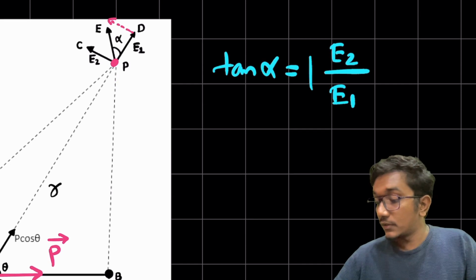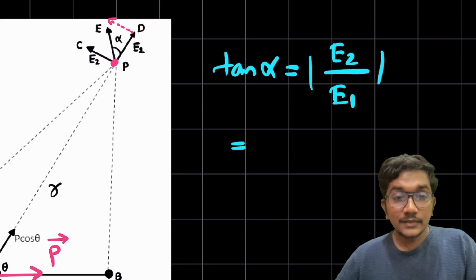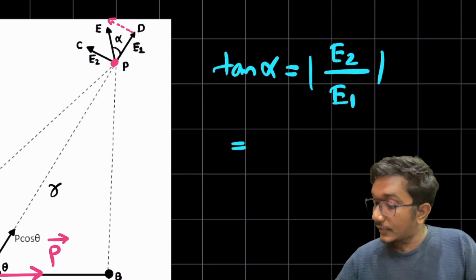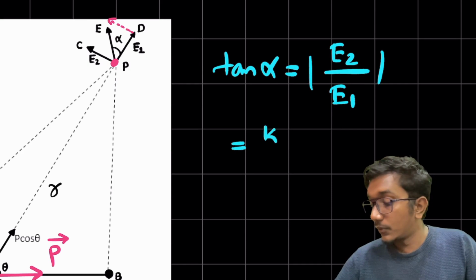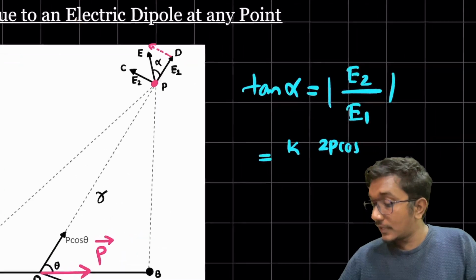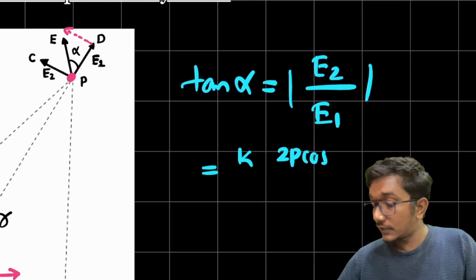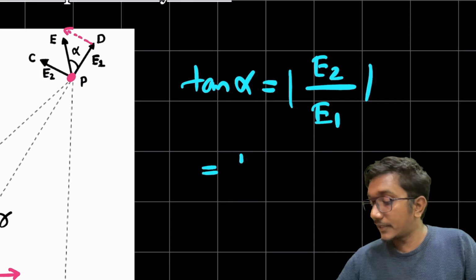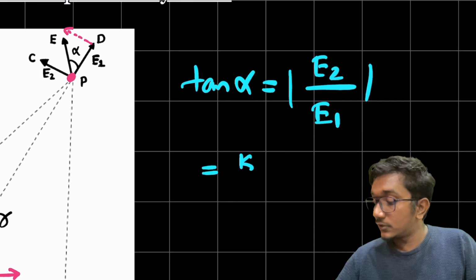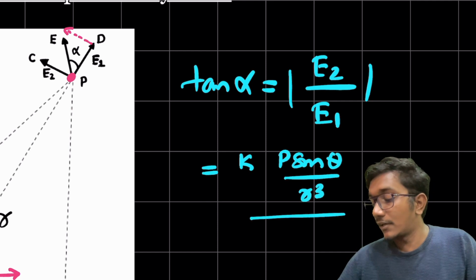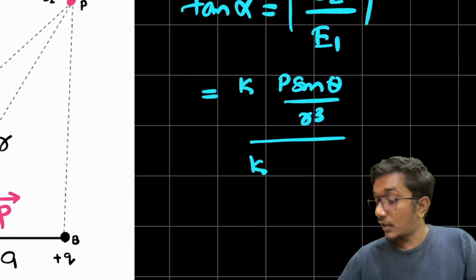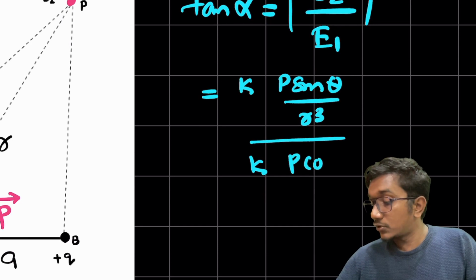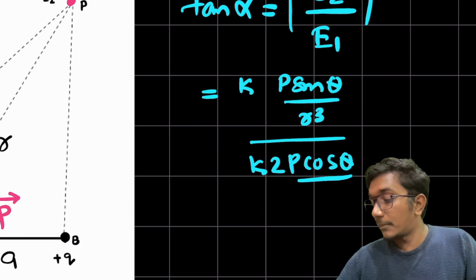So magnitude. So how much is E2 by E1? E1 you already know is 1 by 4 pi epsilon 0, K into 2P cos theta. Sorry, this is E2 by E1 that is supposed to be. So E2 will have sin theta: K into P sin theta divided by R cube, all divided by K into 2P cos theta divided by R cube.